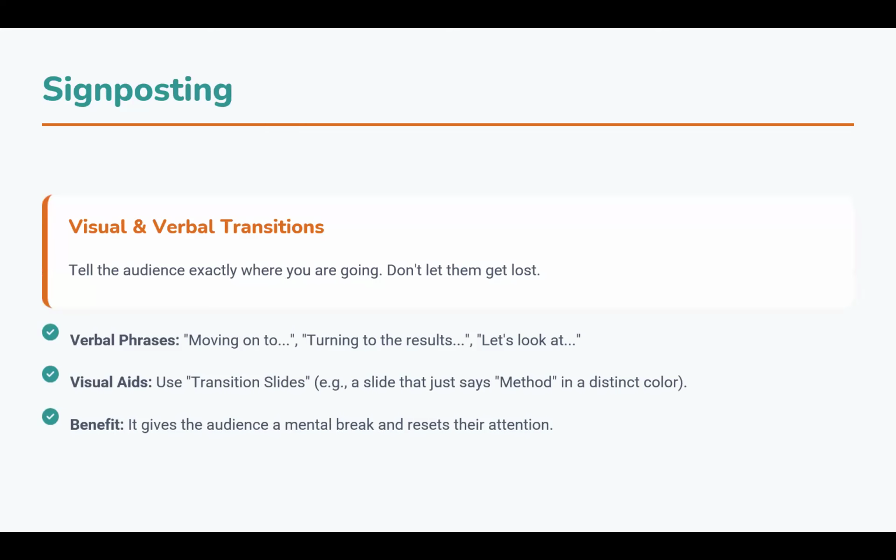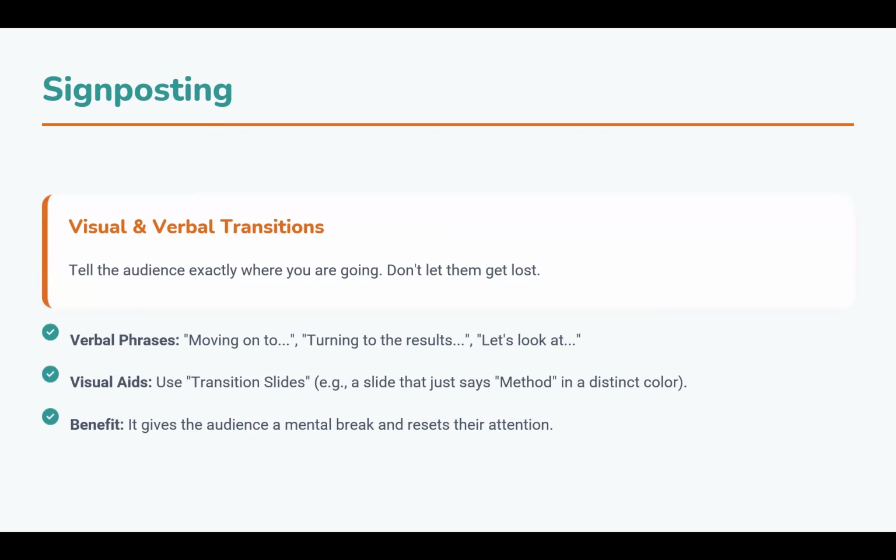And signposting is really, really important. There has to be a flow between slides, a flow between your narrative, and a flow between your IMRAD structure. In this case, signposting is really important. There are visual signposts as well as verbal signposts.